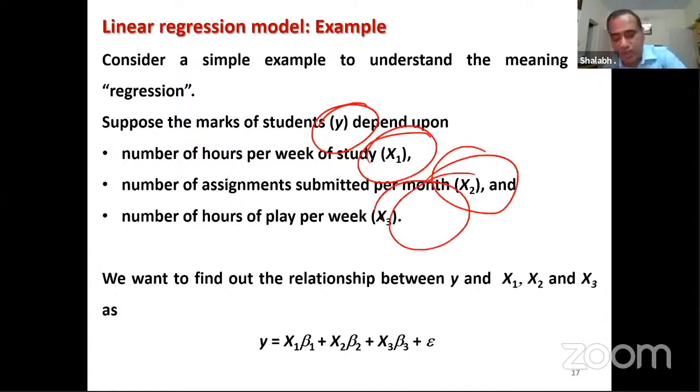If you want to make a relationship among these three variables, it can be written as y equals x1 beta 1 plus x2 beta 2 plus x3 beta 3 plus epsilon. Right. So this relationship can be termed a multiple linear model of y with respect to x1, x2, and x3. Right. Okay.